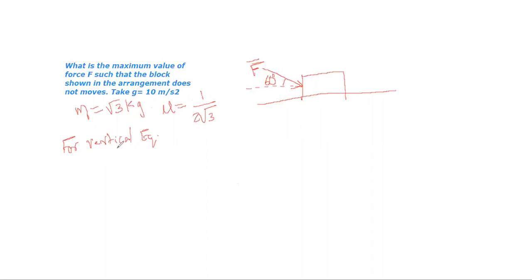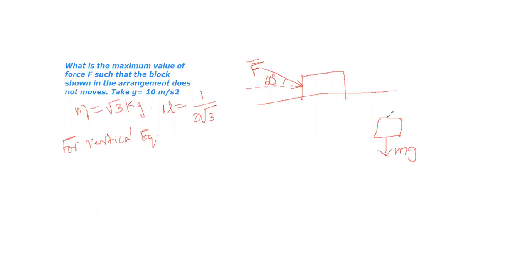In this case, we know that if we draw a free body diagram, the block will have, vertically, forces acting on it: the mass of the block and the gravity, right?